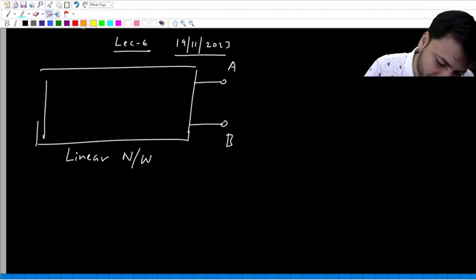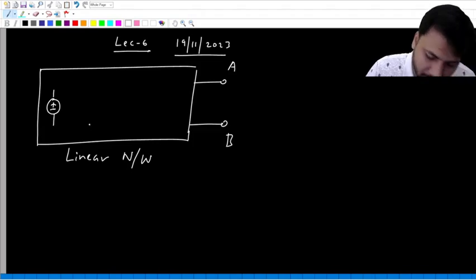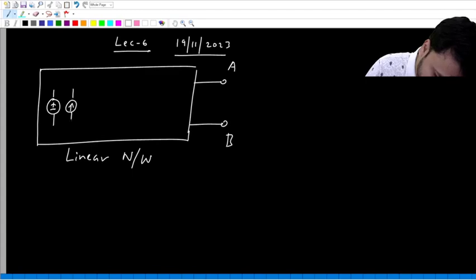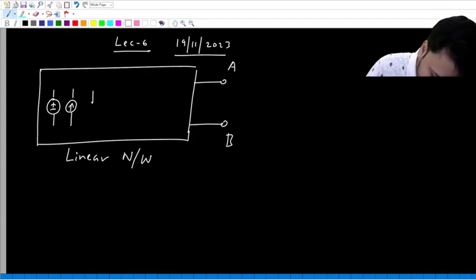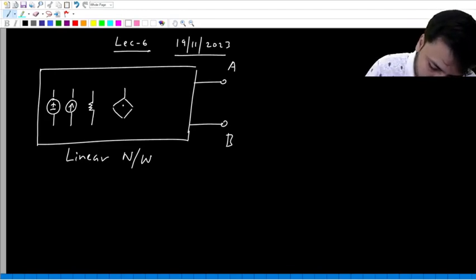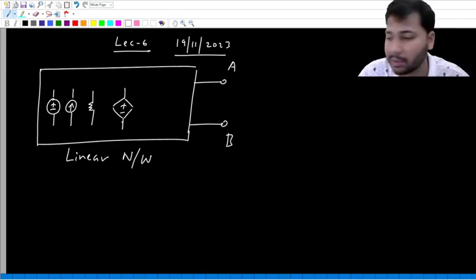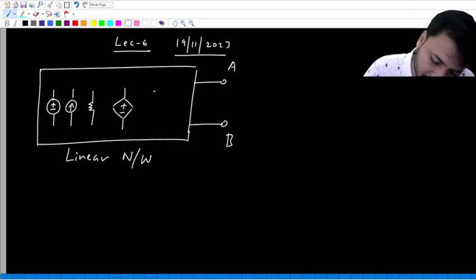You can have some number of independent voltage sources, a few independent current sources, a few resistors, and some linear dependent voltage sources.